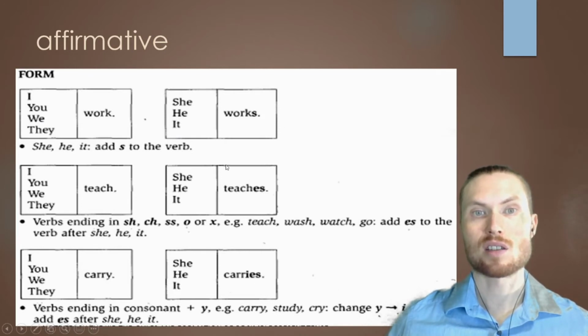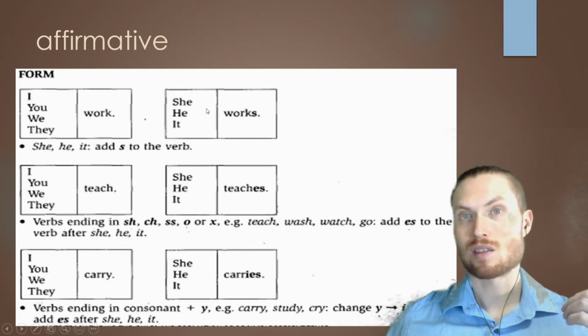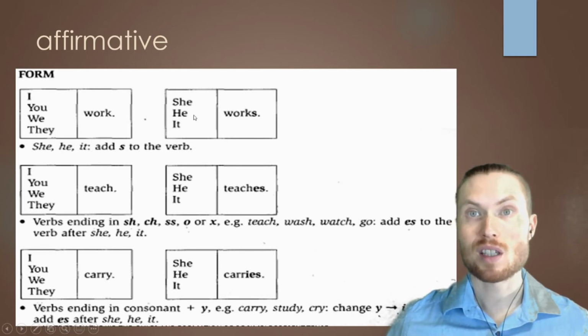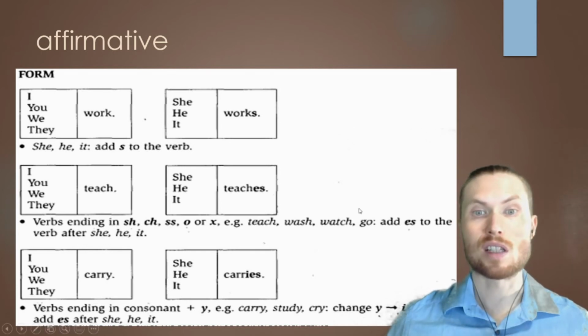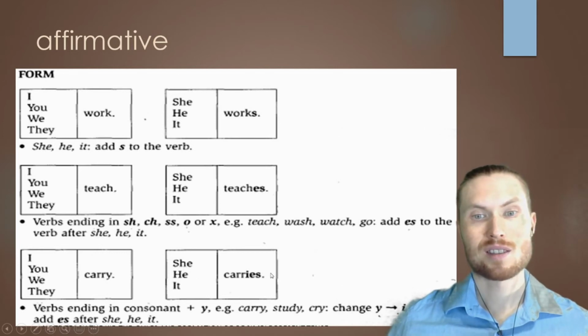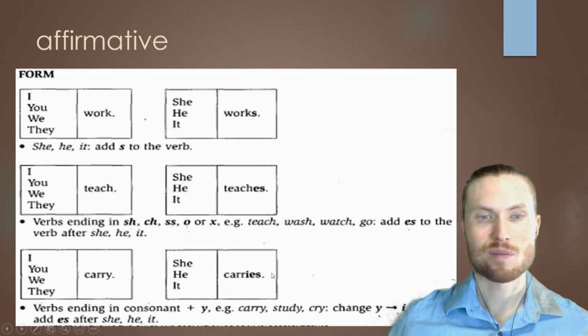He, she, it. Or my friend, my brother, or the name of a person. Mr. Smith works. Mr. Smith teaches English. Mr. Smith carries a heavy bag, for example.